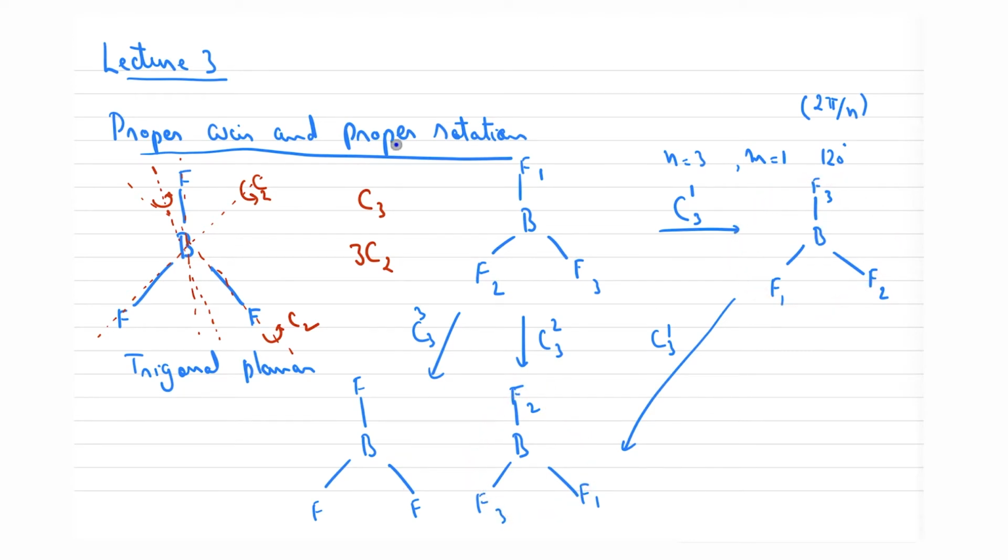Now what you are going to get here, if you do C3 3 rotation, is an identical configuration, because the atoms are actually not moving from their place. Okay, and for this reason this is also called as identity operation, because you have not actually done any movement. So C3-3 is actually equivalent to identity operation, right?